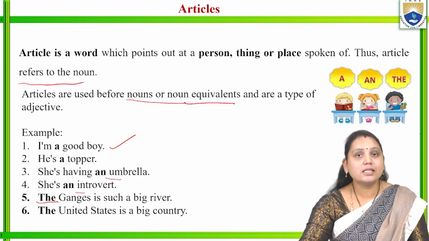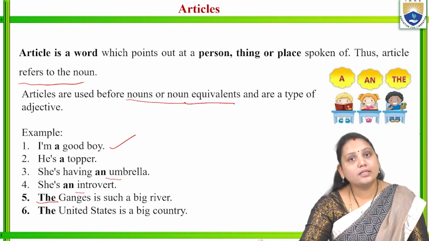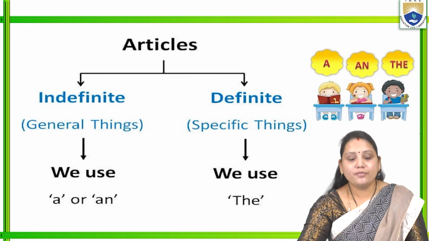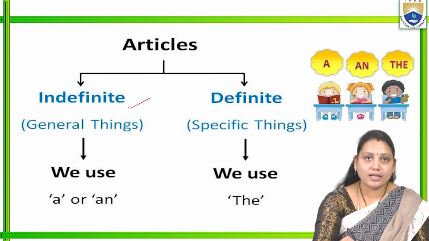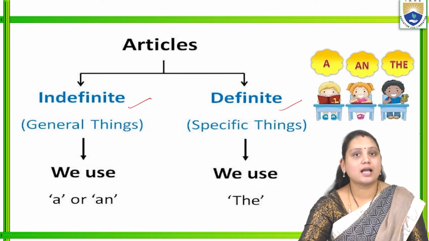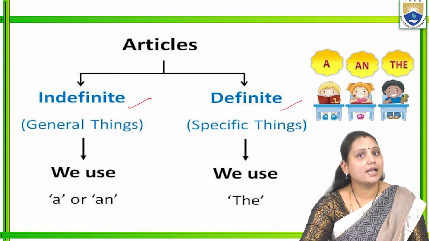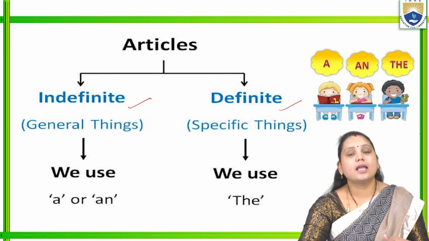So, articles point out the nouns, their place, the element of their presence, how they are pointed in the position of their situation. Now, we generally have two types of articles, indefinite articles and definite articles. I repeat, indefinite articles and definite articles. Now, what are the indefinite articles?